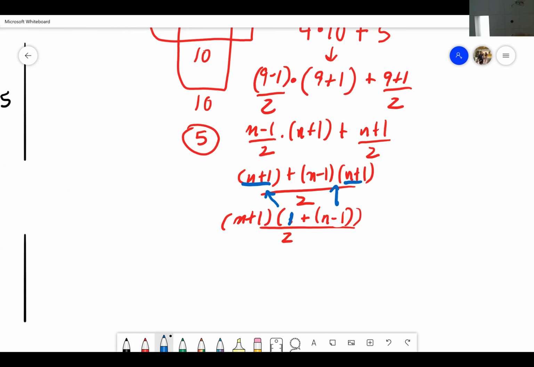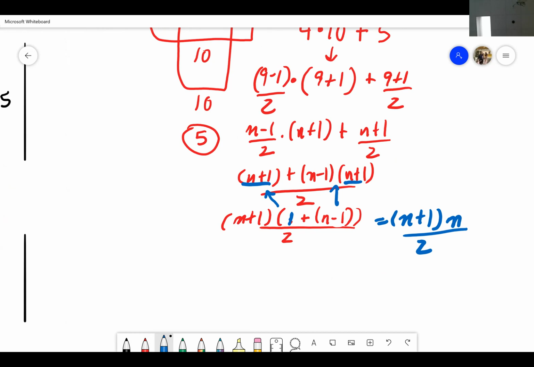And then when I simplify this here in the middle, you're left with n plus 1 times n divided by 2, which is the same formula as we got above. That's the same. In other words, it didn't matter.